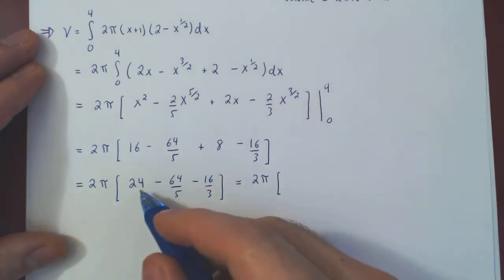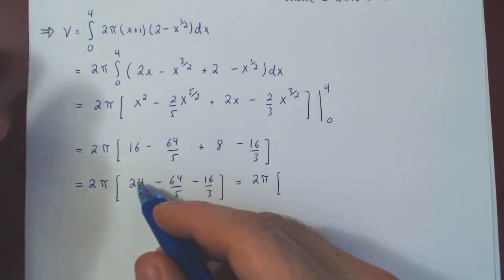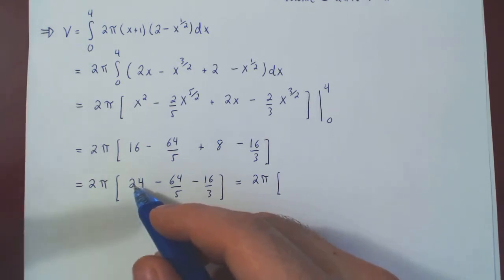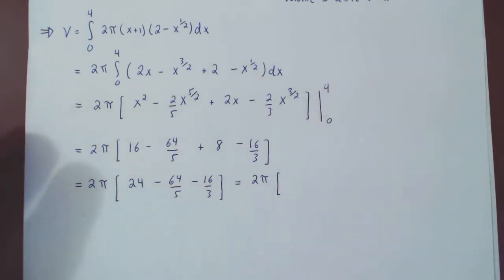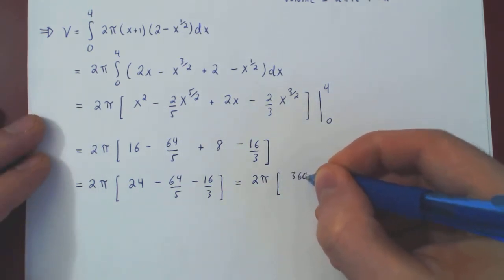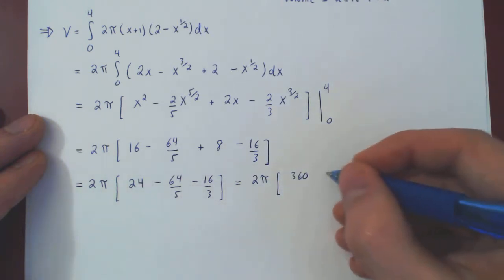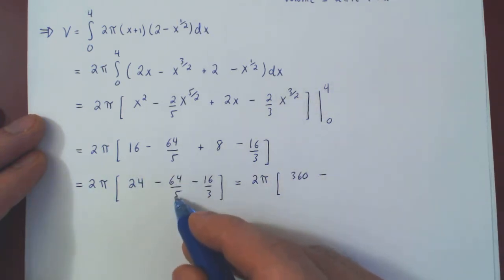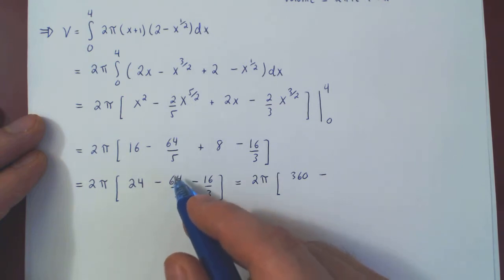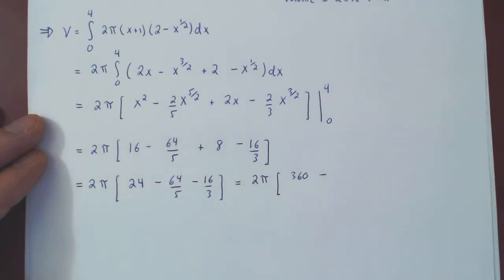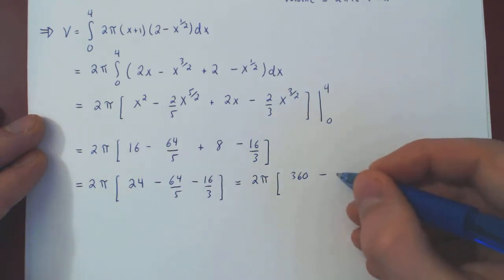If you multiply 24 by 15, think of it as 10 times 24, which is 240, and 5 is a half of 10, so a half of 240 is 120, and if you add 240 with 120, you get 360. This is simply 24 times 15, minus, we want this over 15, so multiply by 3 over 3, now 3 times 64 is 192.